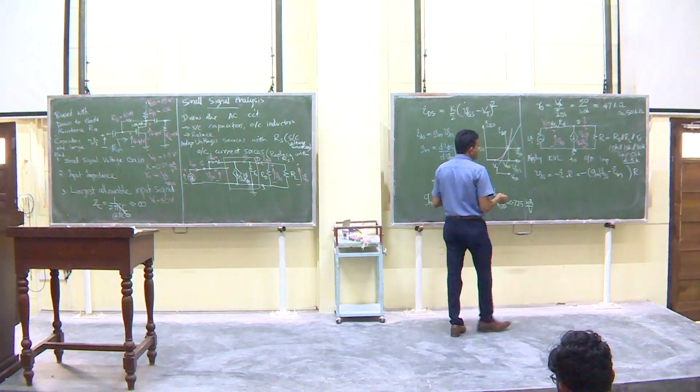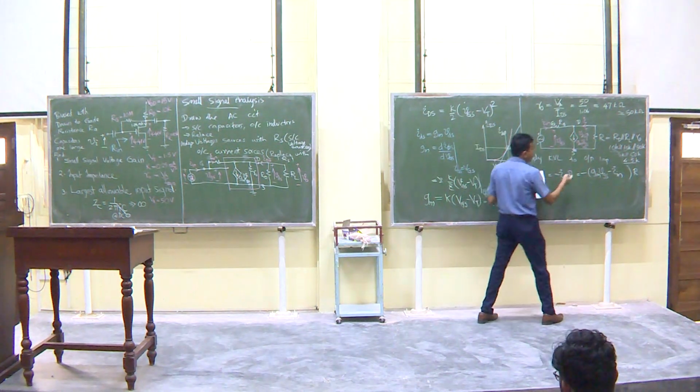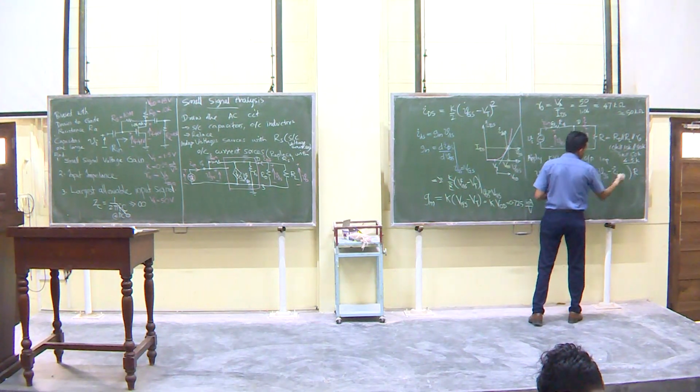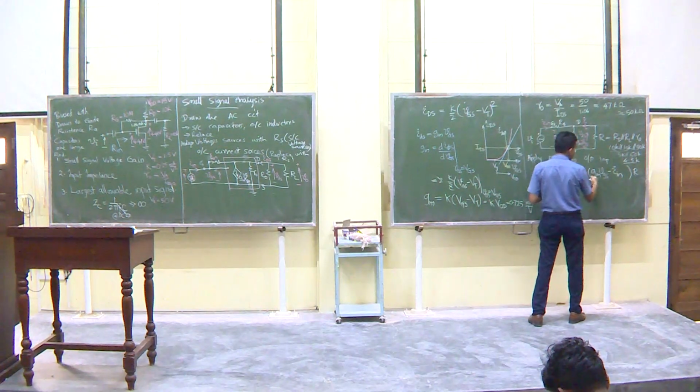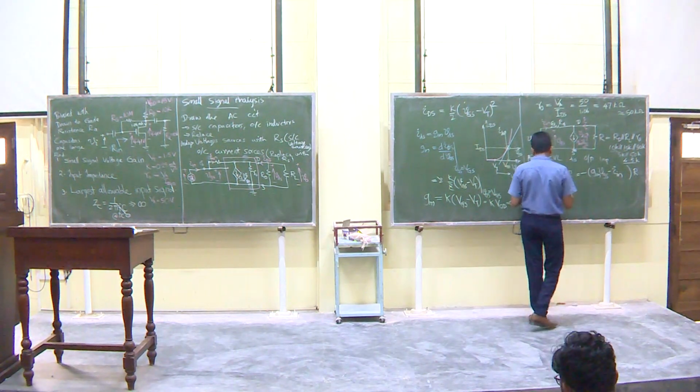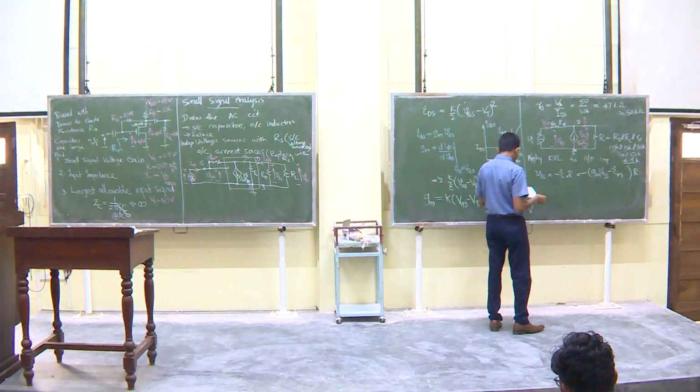So 4.5K is the value for R. So this is 4.5K. GM is basically 0.725. VGS is basically the value that we want. So you have this.